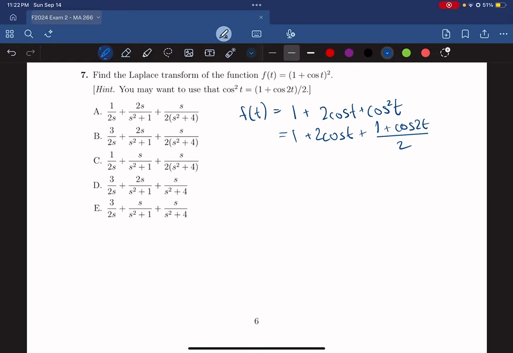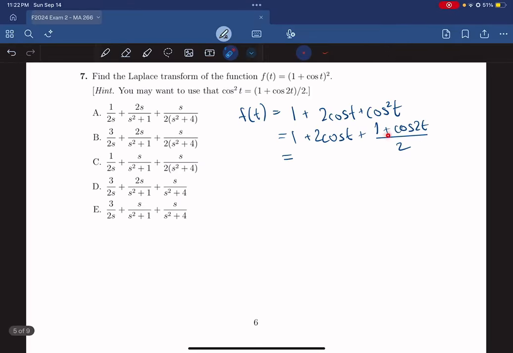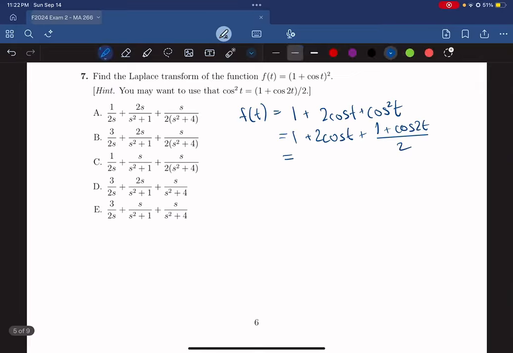And then we're just going to break it up so it's easier. So we can take this 1/2 and add it to this constant 1. So we get 3/2 plus 2 cosine of t plus 1/2 cosine of 2t.